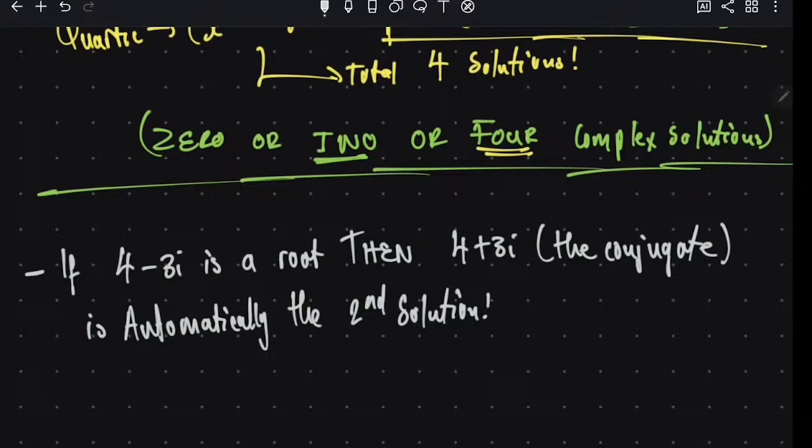So if 1 is a root, then its conjugate is automatically going to be the second root.